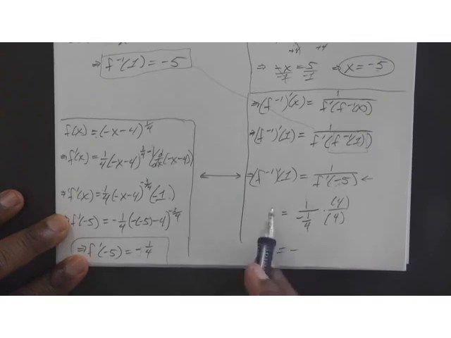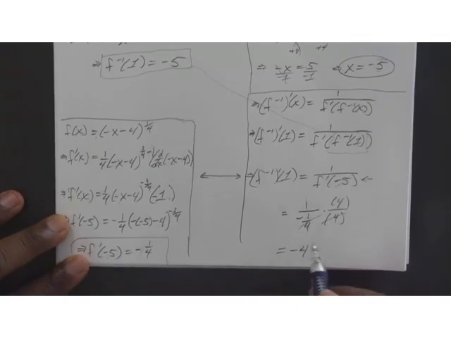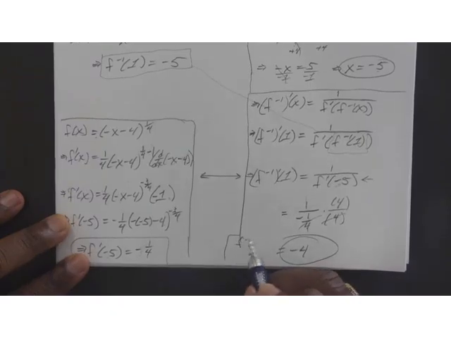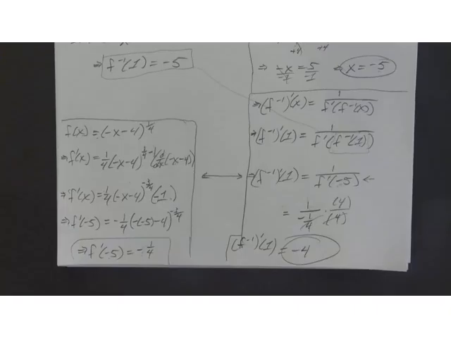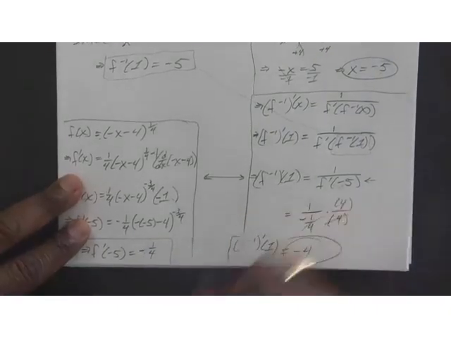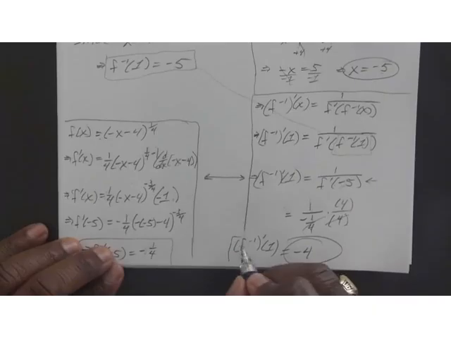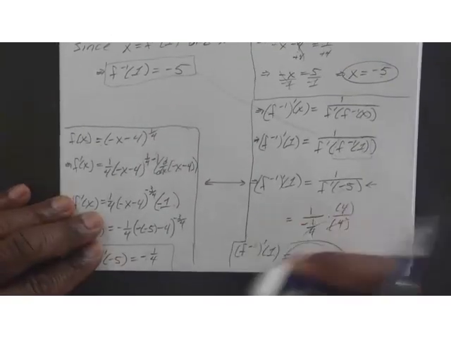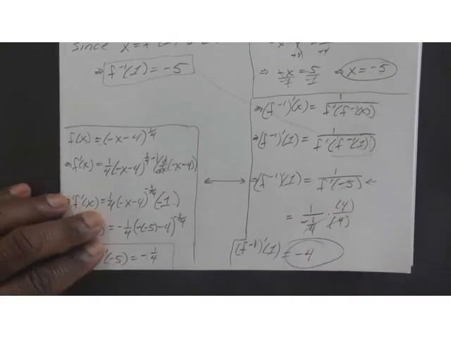So that negative just goes out to the front. This 1 over 4 and 4 cancel each other out, so we're left with just negative 4, which is our f inverse prime at 1. Make that a little neater.